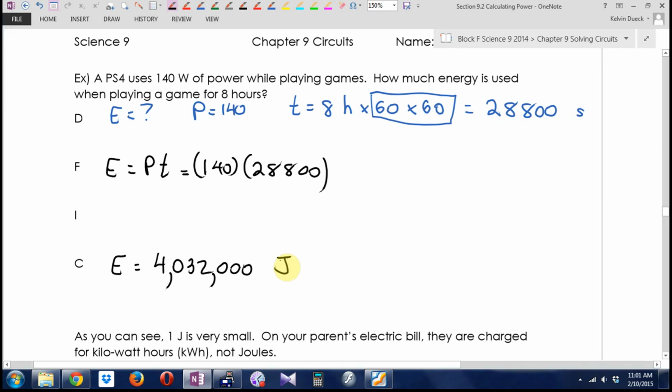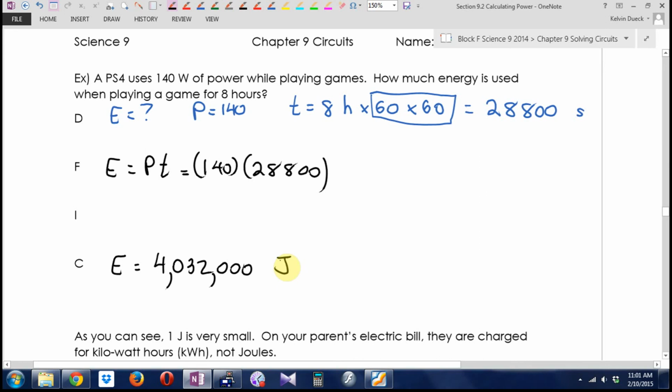What that means is it turns out 1 joule is actually really, really small. On your parents' electric bill, they are charged not in joules, they are charged in kilowatt hours. By the way, look up. Can you see power times time?